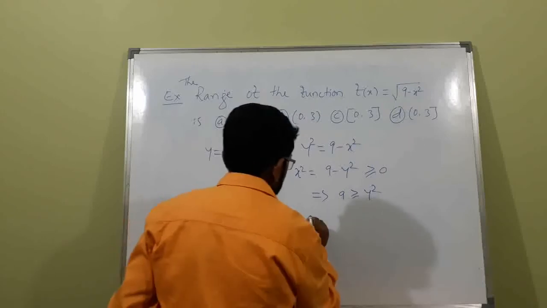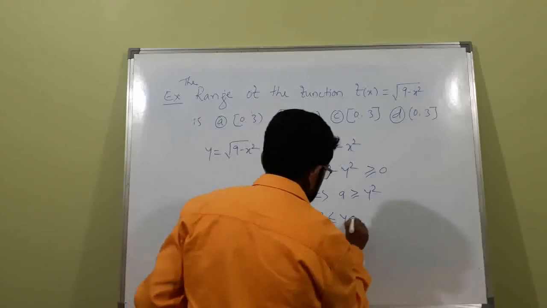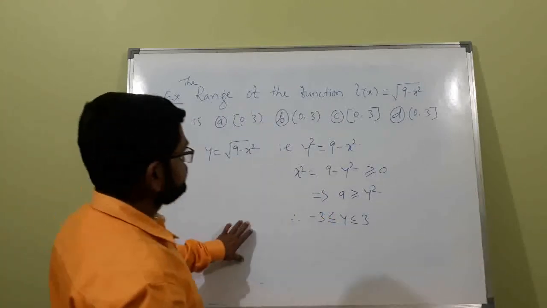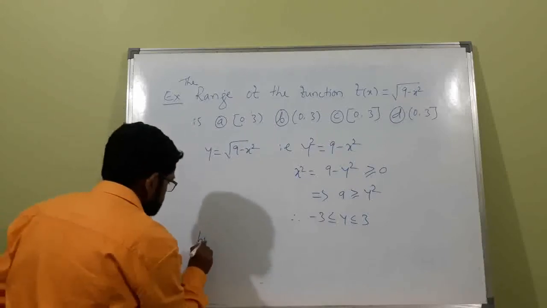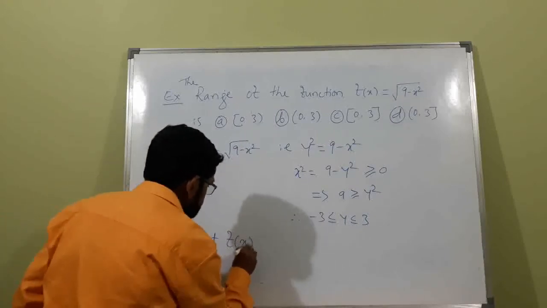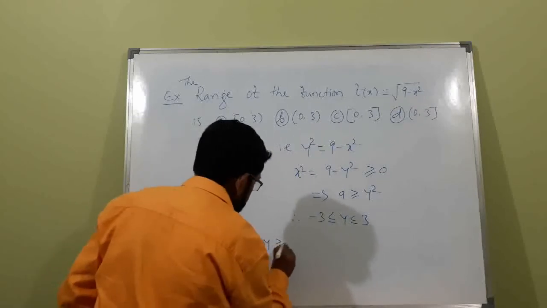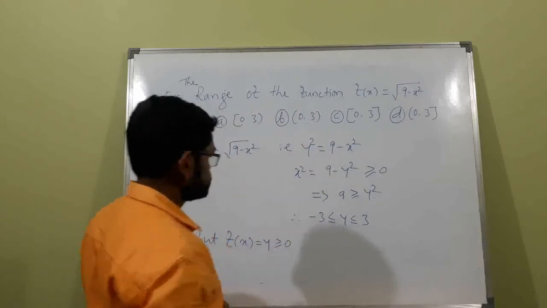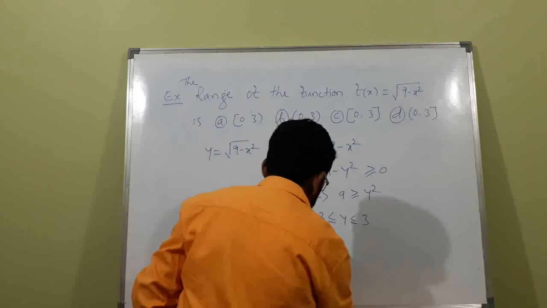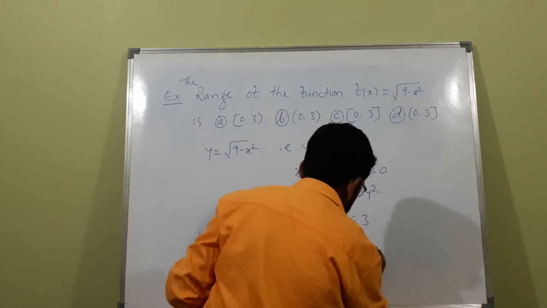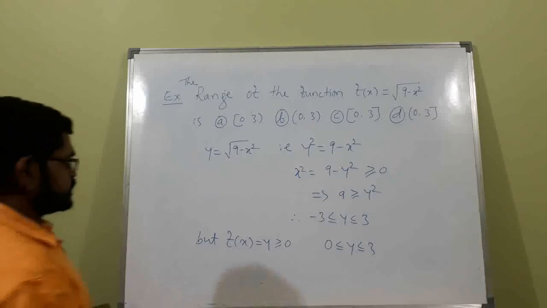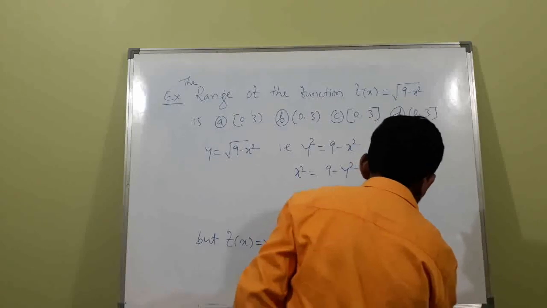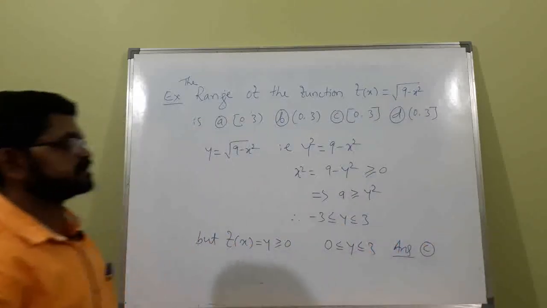Therefore y lies between minus 3 and plus 3. But f(x) is non-negative, defined for real values, so y should be in the positive half. Therefore the correct answer is C.